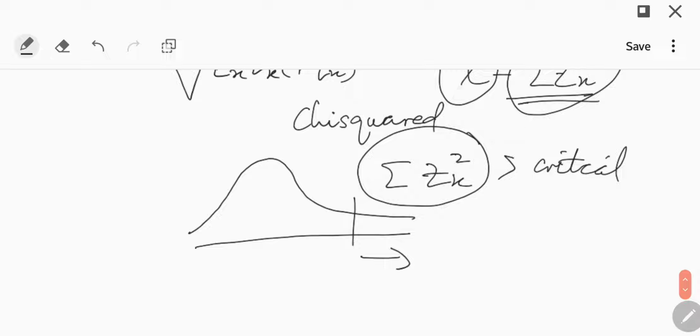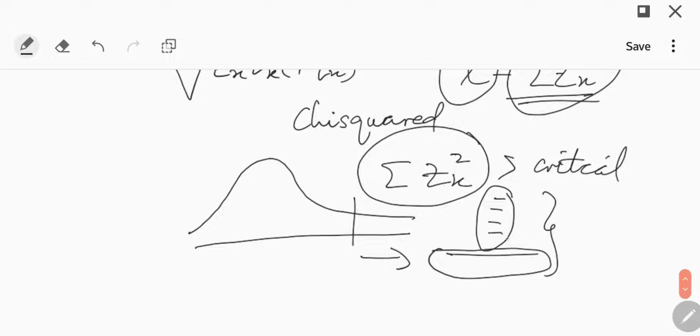The biggest drawback which I could see is that there could be very few small deviations but one large deviation. Now when I square it and add up, because the squares of the small numbers are very small and this one is very large, the overall summation could still be lesser than the critical value.